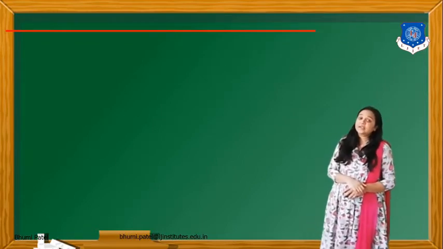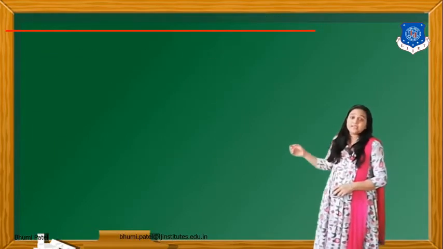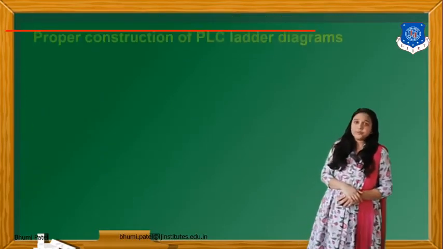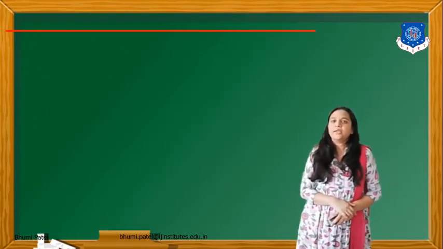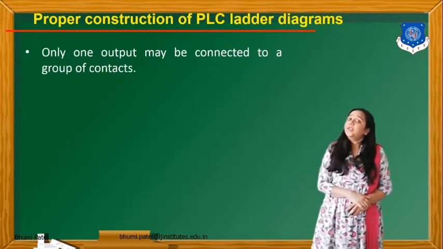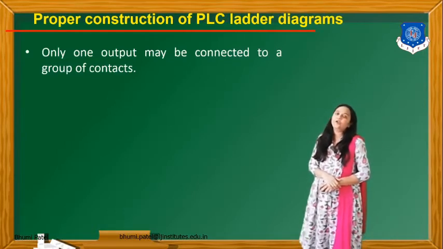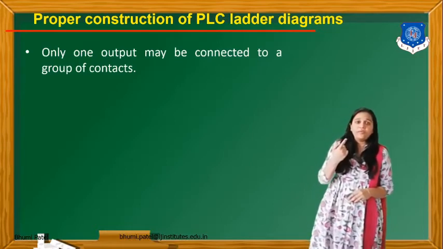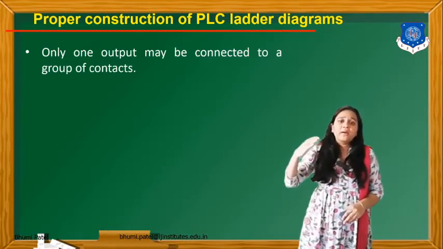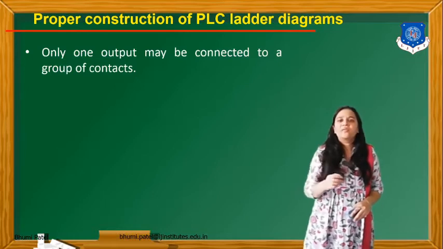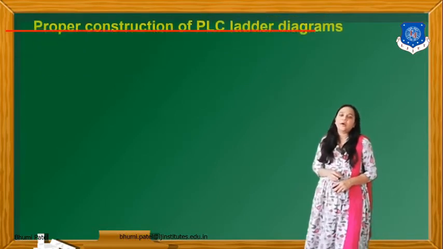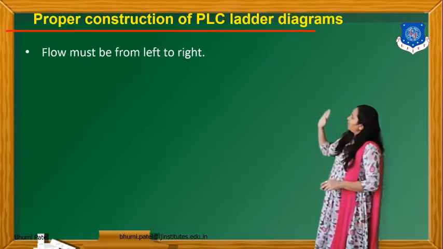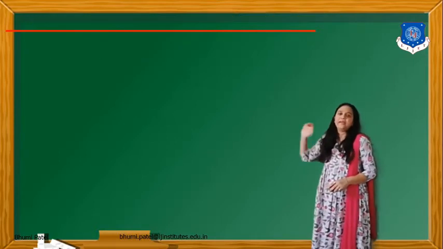As we discussed earlier, we cannot connect C like here. We cannot connect inputs vertically. The next rule is that only one output may be connected to a group of contacts. We can take multiple inputs, but we can only connect one output. The next rule is that the flow must always go from left to right.